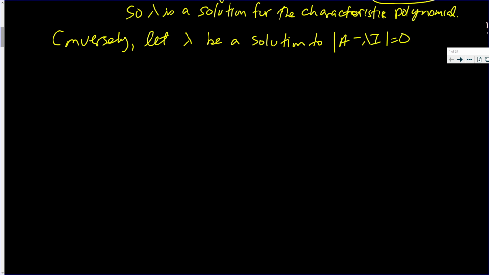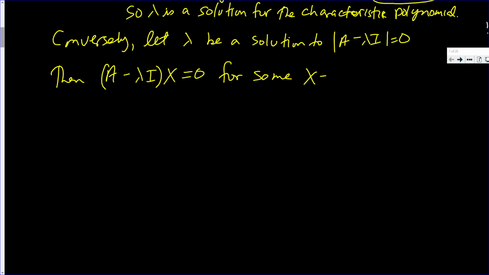But if that determinant is 0, then A minus lambda I times x is equal to 0 for some non-trivial x. Say x is not 0.